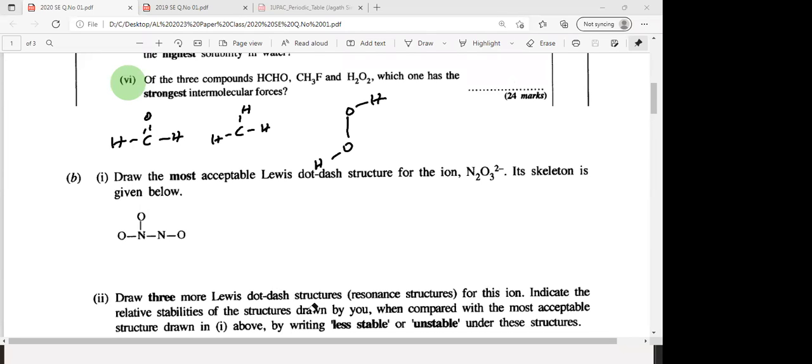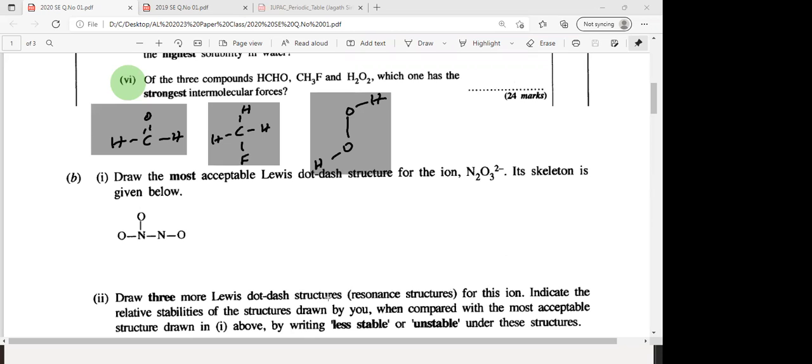The OH group is there, and the shape of the molecule also matters. This is H2O2, this is CH3F, and this is HCHO, formaldehyde.